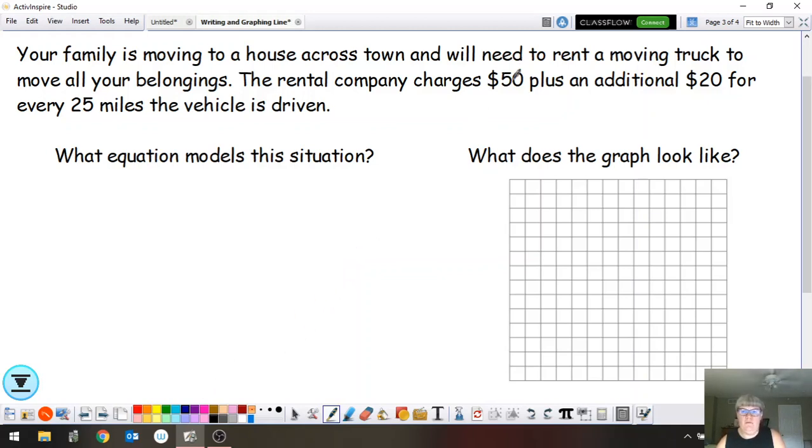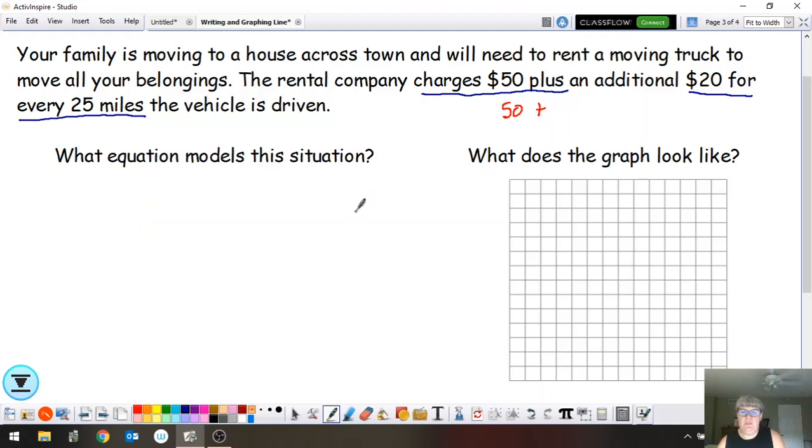Well, we have charges $50 plus. So in my mind, I'm envisioning 50 plus something. And it's $20 for every 25 miles the vehicle is driven.